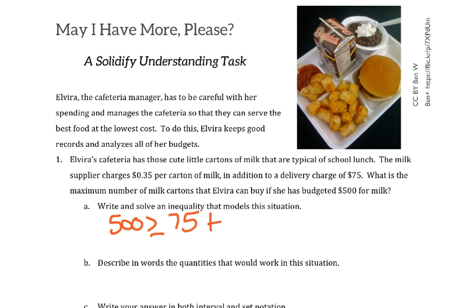Then we're going to add to that the cost of the milk. It's 35 cents per carton, so I know 35 cents for each carton. So I would add as many cartons as we were going to do. But I don't want to write it out that way. So for that repeated addition, I just use multiplication, and we use a variable because we're not sure how many cartons we need. So there's our inequality.